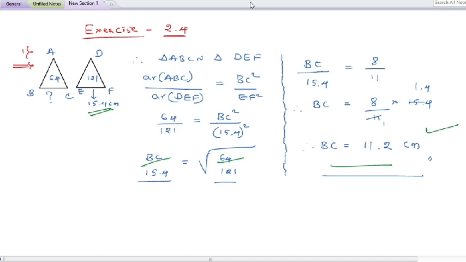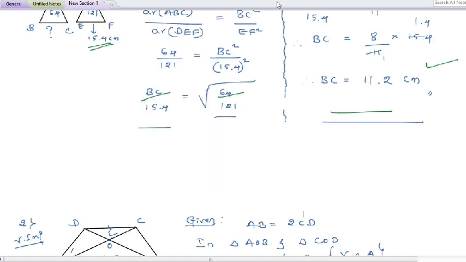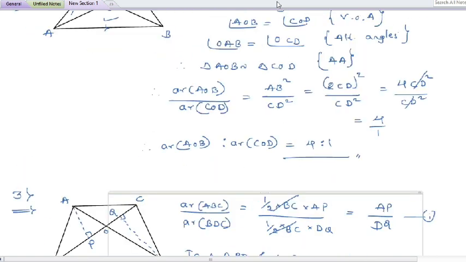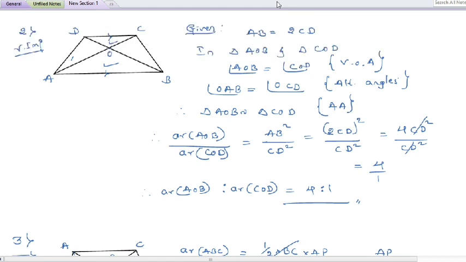Now, we will move to the next problem. Next, problem number 2.